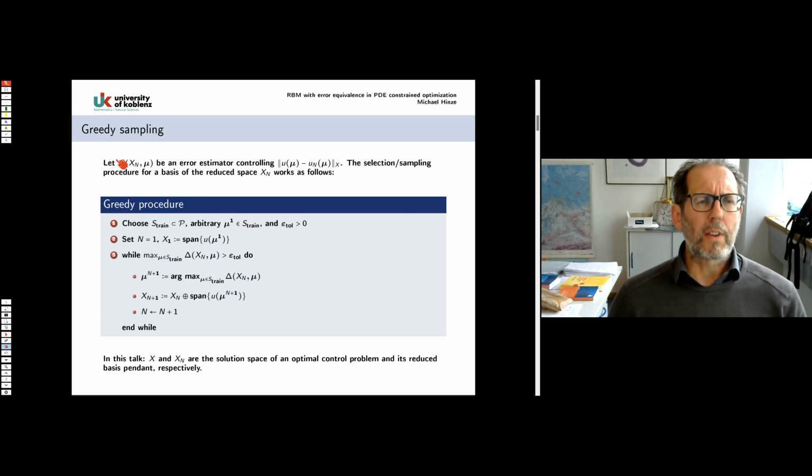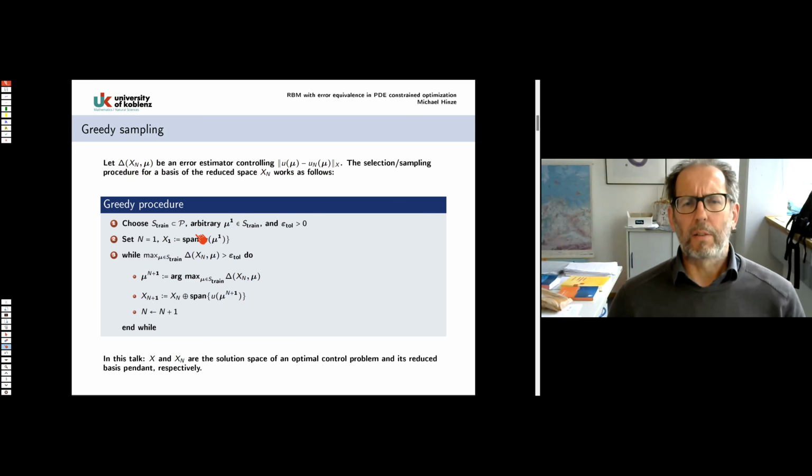And the idea then is that this estimator has to be cheaply evaluable on finite dimensional subspaces. Okay, so this estimation is cheap, whereas this estimation is expensive, since one would need a true solution for a given parameter.